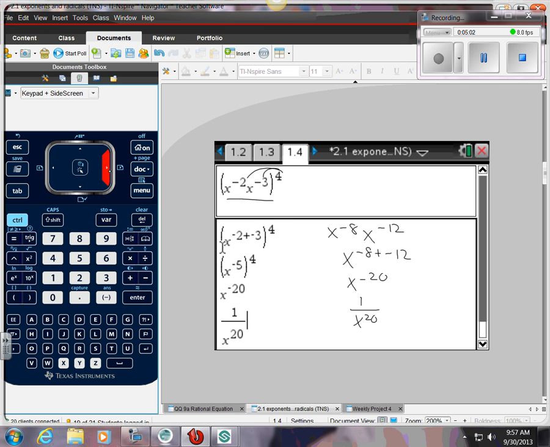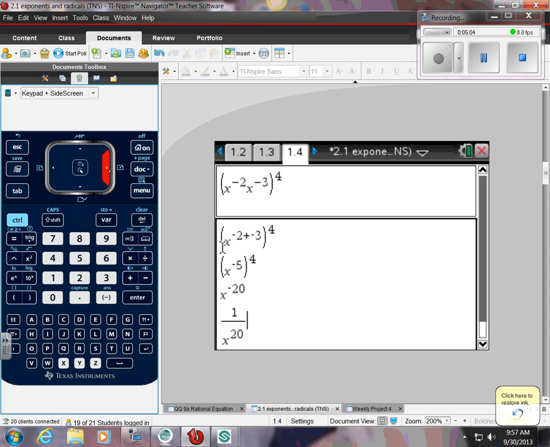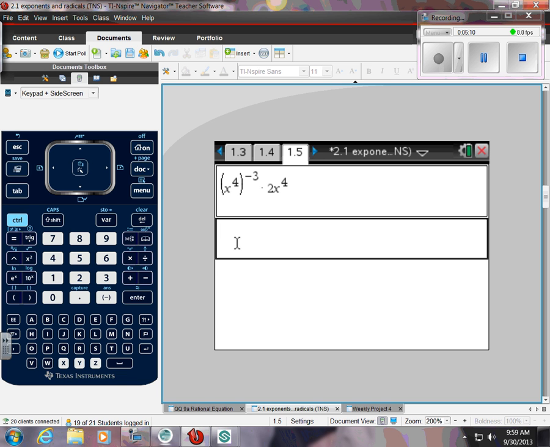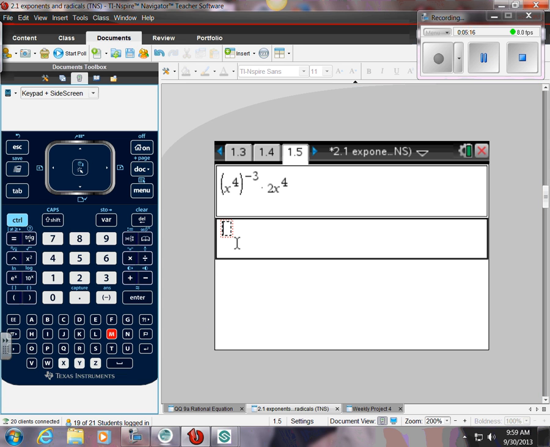You guys ready? All right, let's look at the next page. Why don't you guys go ahead and give this one a shot on your own, and we'll talk about it in a second. Okay, so somebody tell me where they started. Okay, so what did that become? X raised to the negative 12. Okay. Times.